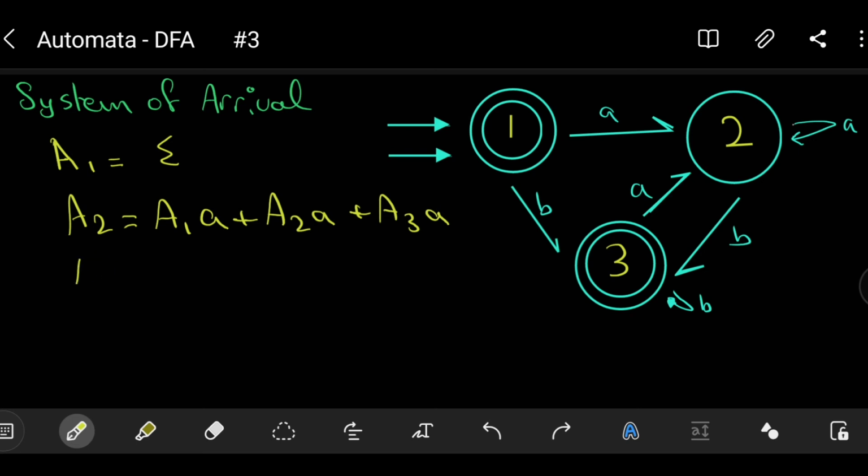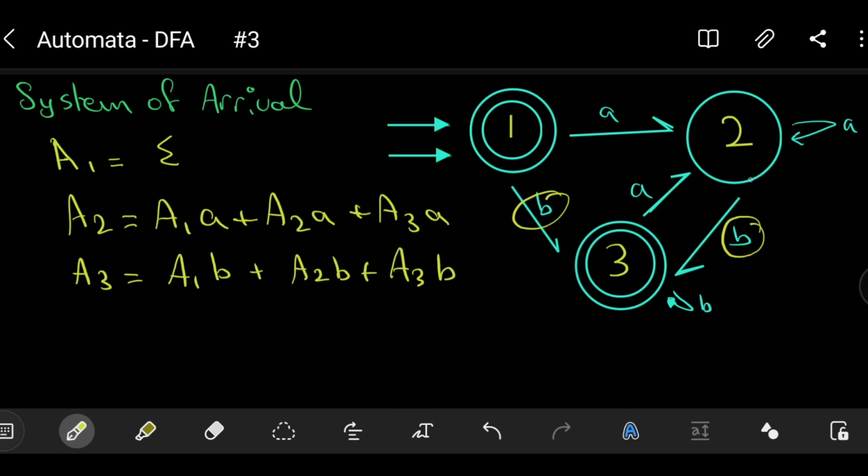Okay, and A3 equal to A1B plus A2B, and here A3B. So what are the arrivals to 3? We have the arrival here, B, the arrival from 2 by pressing B, and the B from itself.